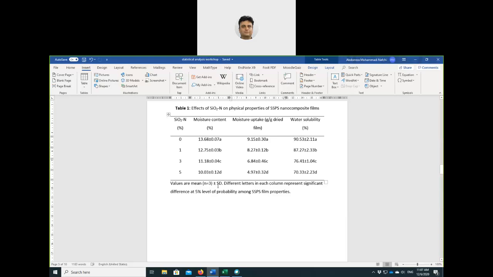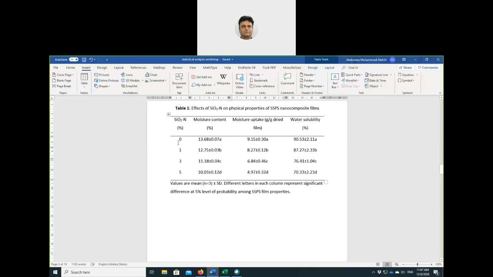Here, in this table, I have just one independent variable, the concentration of the nano SiO2, the one fixed variable, so I reported a standard deviation.